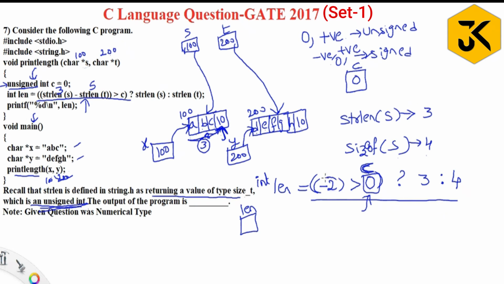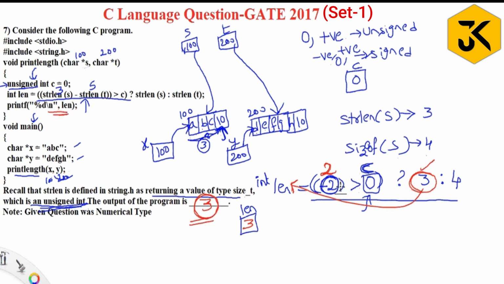This expression won't return a signed value, so we need to understand minus 2 as a positive number. That is most important. Unsigned int returned as unsigned int. So the result is greater than 0, and the condition is true. When the condition is true, the first statement executes, that is 3. That 3 is copied to the length variable. Then it performs print length. Length contains 3, so it prints the result as 3.